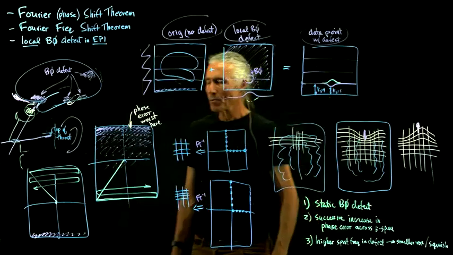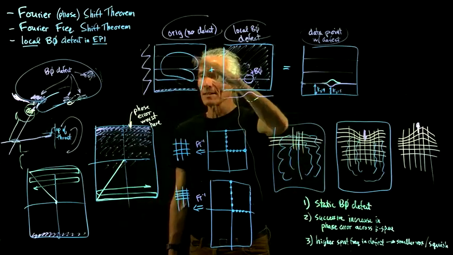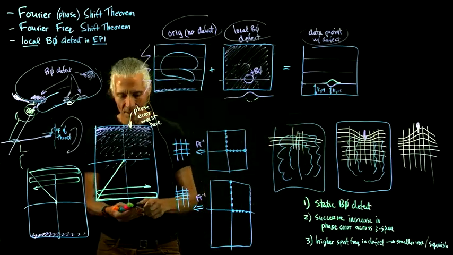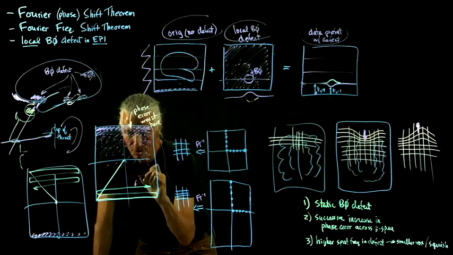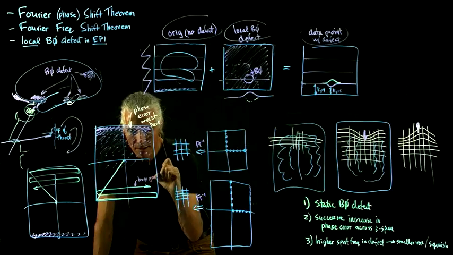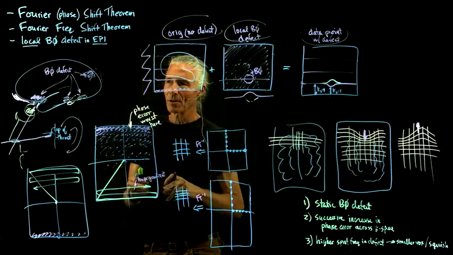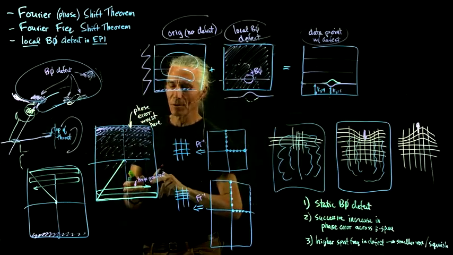Now, you might wonder, why does it only occur in the phase-encode direction? That has to do with the fact that when you're going across k-space this way, this is a huge gradient. And so the phase errors caused by these local defects are relatively small compared to that huge gradient.